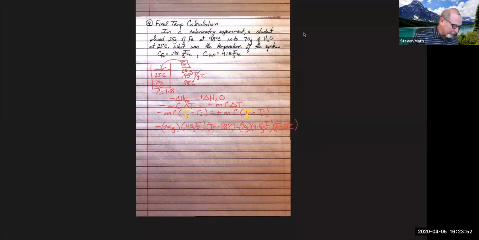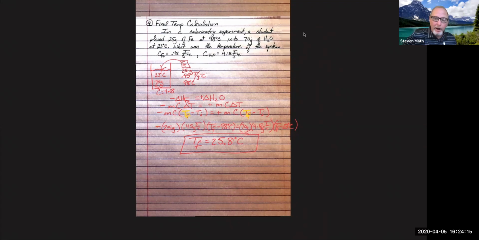And I've got an answer that's 25.8. My TF equals 25.8 degrees Celsius. As long as that temperature is somewhere between the starting temperature of the water, 23, and the beginning temperature of the iron, 98, we're okay.